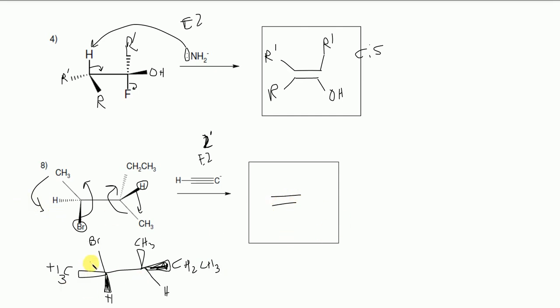So now that we do this, you're going to have the reaction. This is going to come. It's going to take this hydrogen, right? And this is going to form the double bond, and this is going to leave. And so I have the CH3 and this CH3 on the same side, right? Okay. And then I have the hydrogen.